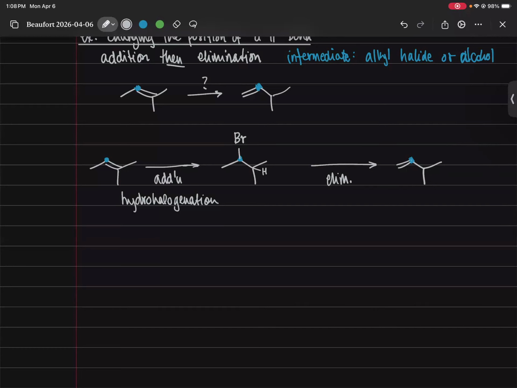And then is this Markovnikov or anti-Markovnikov? Yeah, this is anti-Markovnikov. What reagents do we need for an anti-Markovnikov hydrohalogenation?